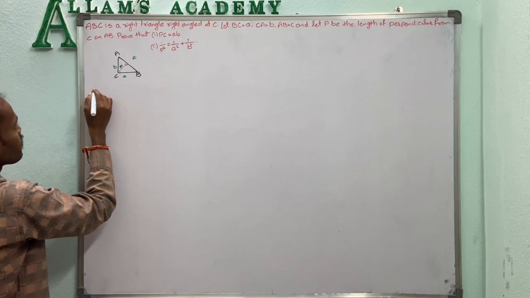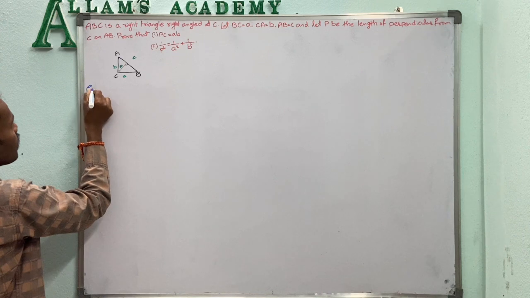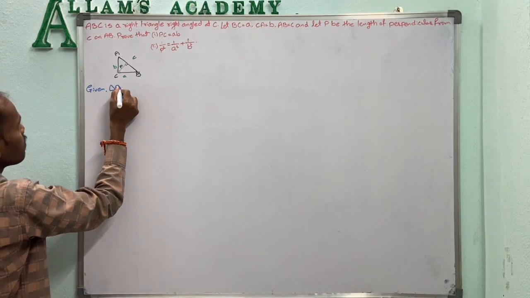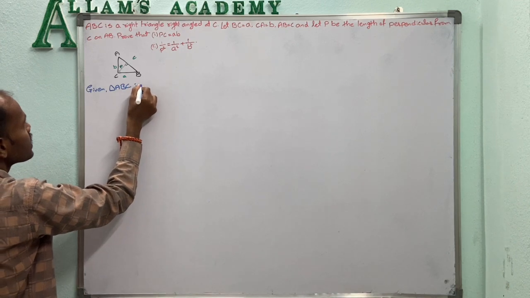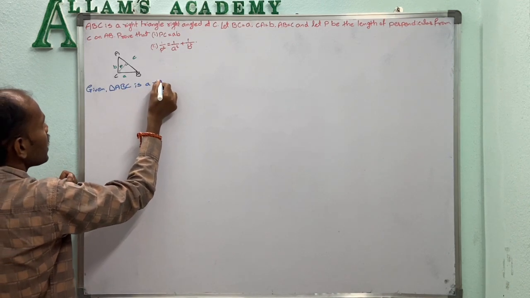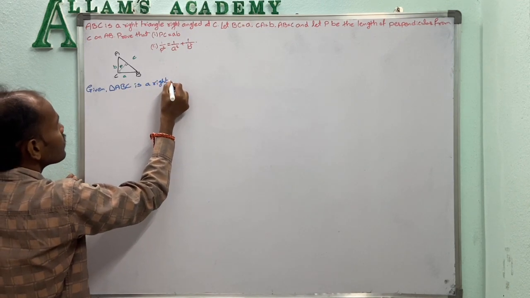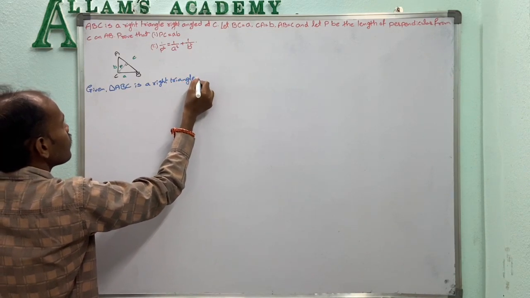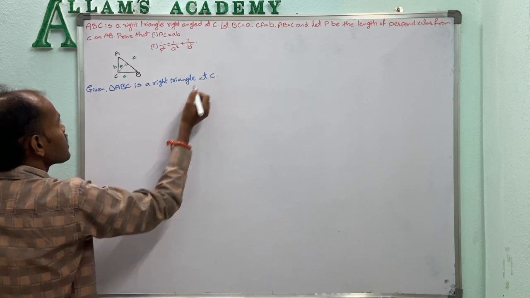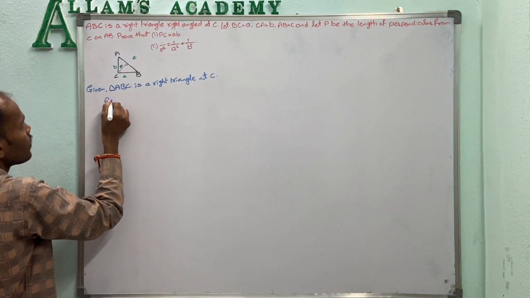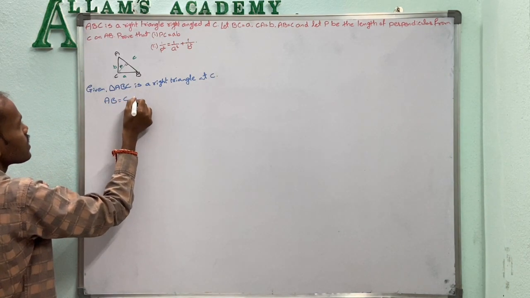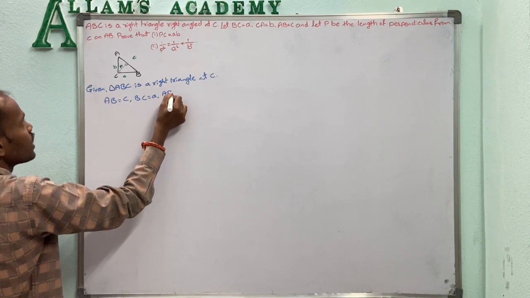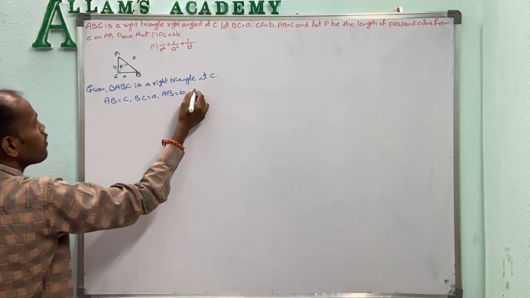So, given triangle ABC is a right triangle at C, with AB equal to c, BC equal to a, and AC equal to b.